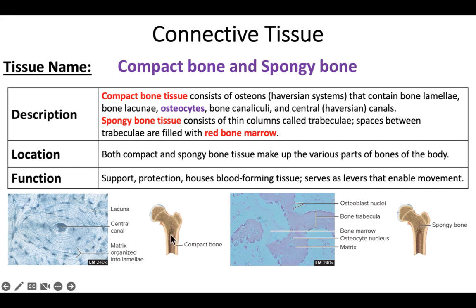And you can see why they called it spongy. It kind of looks like a sponge there, where there's little spaces in between the bone, and that's where you're going to find bone marrow. So compact bone, outer parts, spongy bone on the inside, and it's going to house or kind of contain your bone marrow.